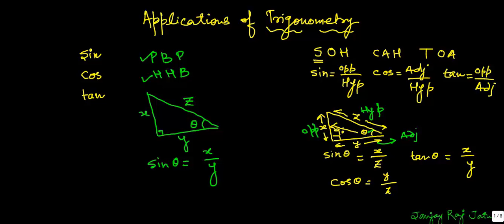But in case I take this angle theta here, and now I have to take sine of theta, what will be perpendicular now? Is this the perpendicular side or is this the perpendicular side? So sometimes I get confused in these.